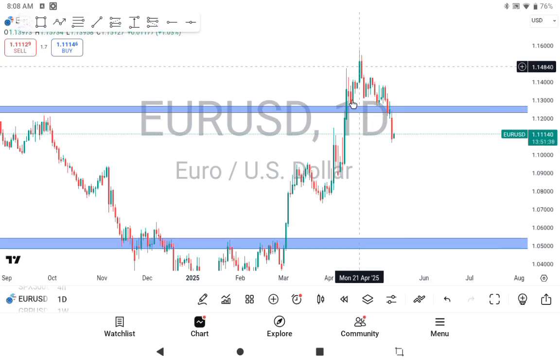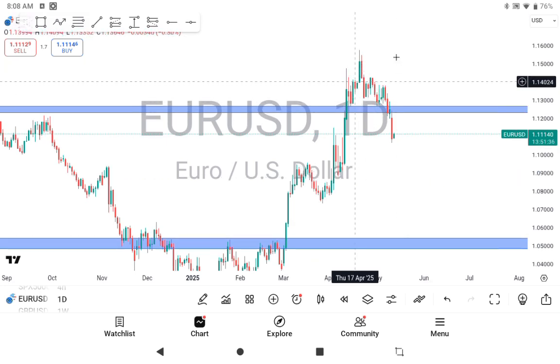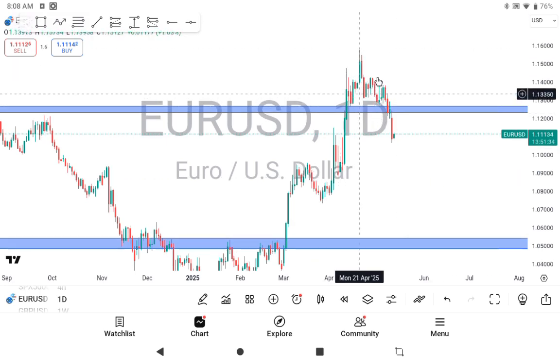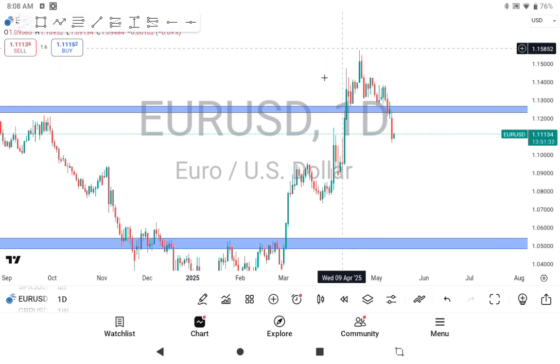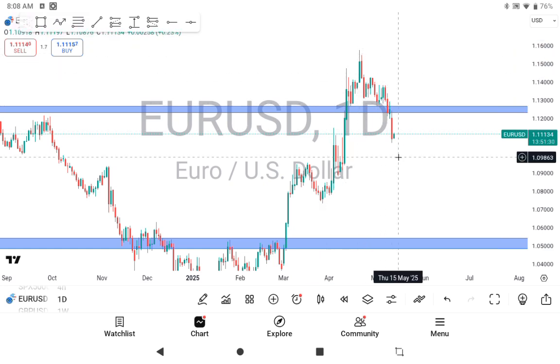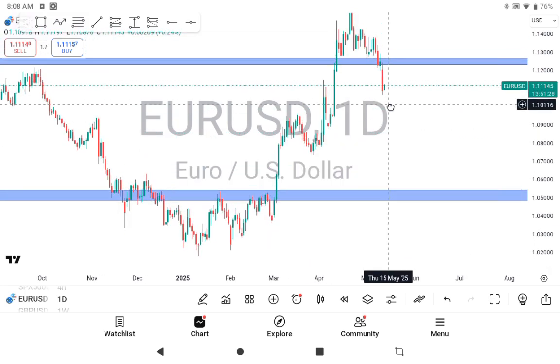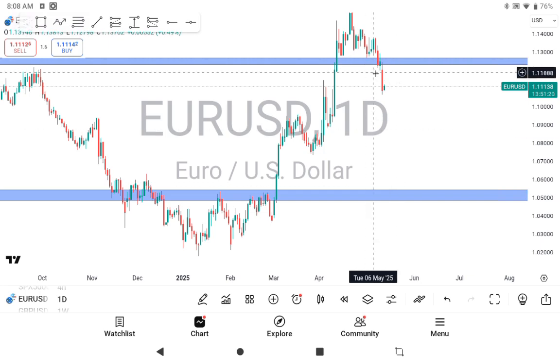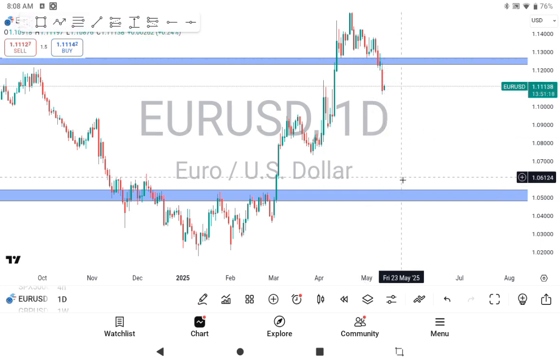So that means Euro USD is telling us that it is not interested in going to the upside anymore. It wants to drop back down. And what we are seeing right now is telling us that Euro USD will sell down right here for sure. Yes, Euro USD will sell down right here.